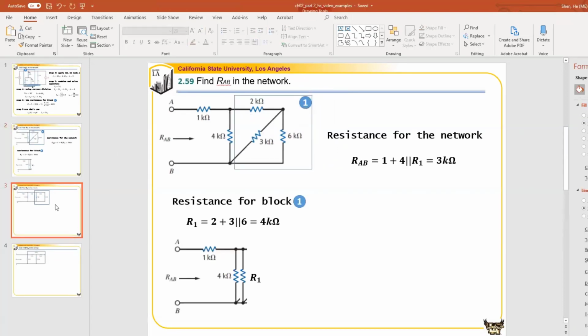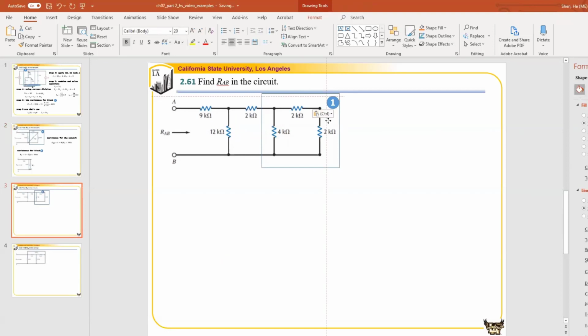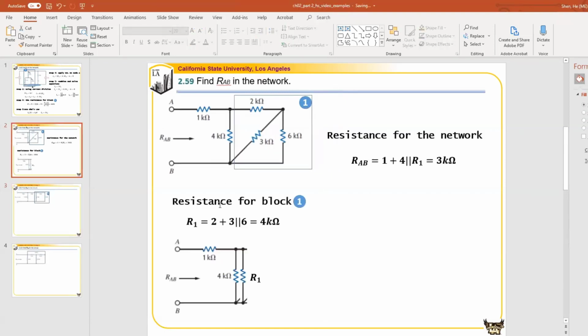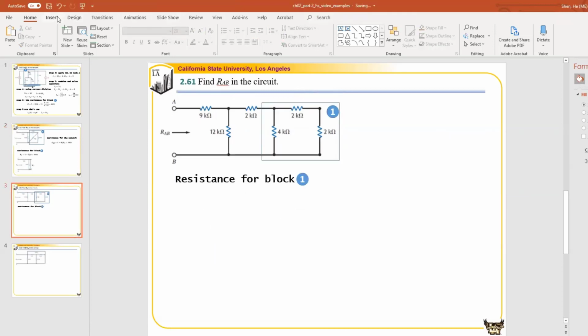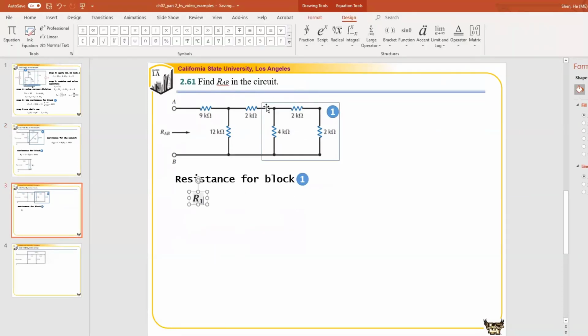So we first calculate the resistance for block 1, call it R1. Inside this block, between these two nodes, is 4K in parallel with the other two in series.